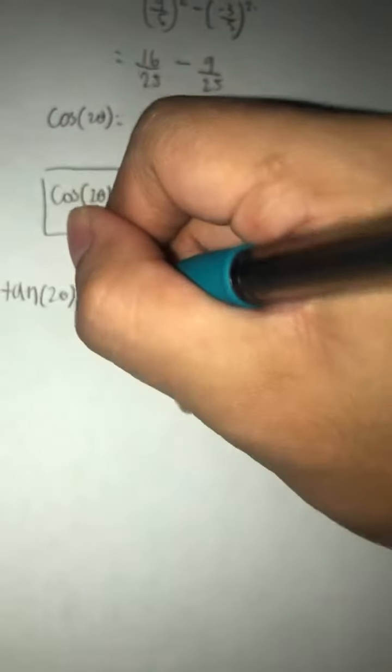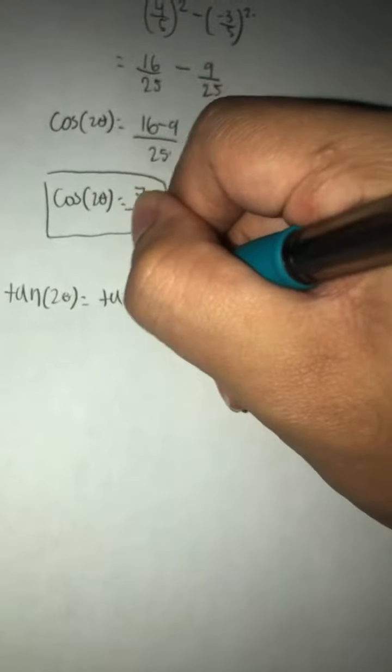What about tan 2 theta? So tan of 2 theta, we can say this is equal to tan of theta plus theta. Now, for that one, I have to look up the double angle formula, because I really don't remember it off the top of my head.